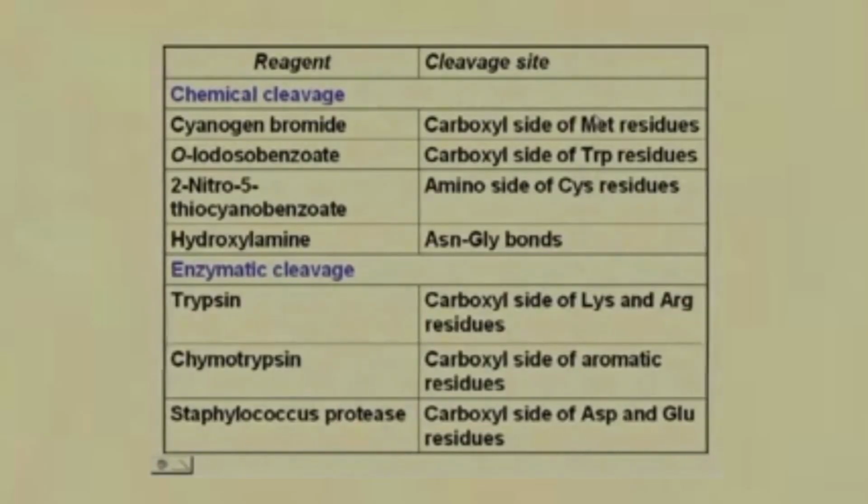So say you have a protein, for example, let's look at ribonuclease A. It has 8 cysteine residues. Okay, so if we know that it has 4 disulfide linkages, I can reduce the disulfide linkages and get the long chain. But then if I use this particular reagent to chop at the cysteine residues, on the amino side of the cysteine residues, then I will get fragments, say of length 20, 50 or something like that.